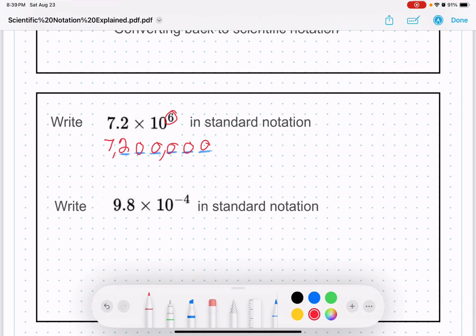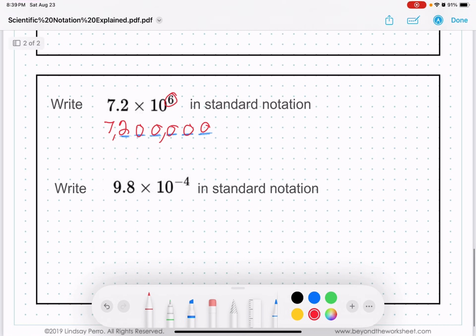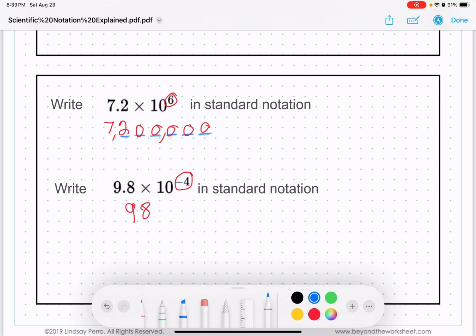Same thing. We're going to write 9.8 times 10 to the negative 4 in standard notation. So we're going to write 9.8, and we're going to move our decimal 4 times in the negative direction. So our decimal is right between the 9 and the 8.